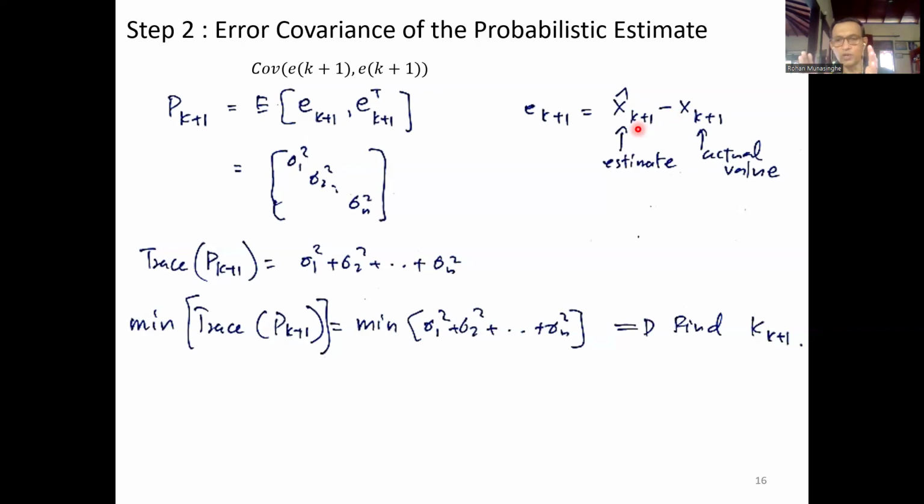At any moment of time, what is the difference between the Kalman filter estimate, that is the hat, and the actual value? So this is a distribution. The error is sometimes, as I said, positive, negative, big and small. You get different values for the error.